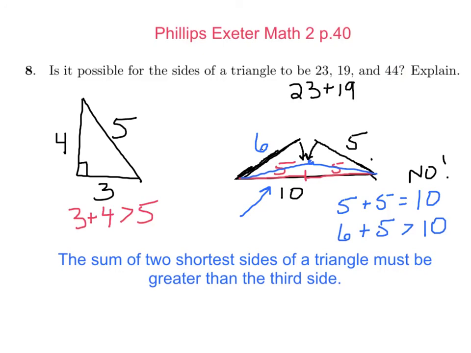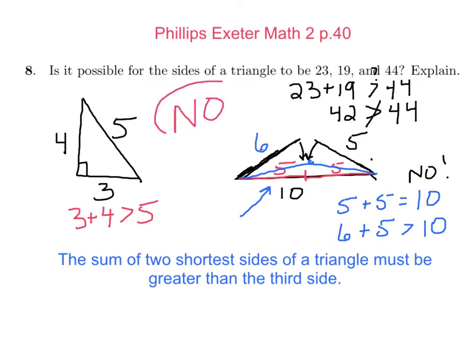Is that greater than 44? And of course, we add it up and we get no. 42 is not greater than 44. So the answer would be a big resounding no. We cannot have a triangle with sides 23, 19, and 44.